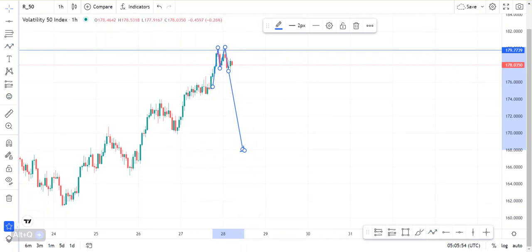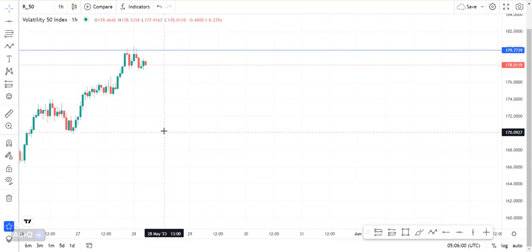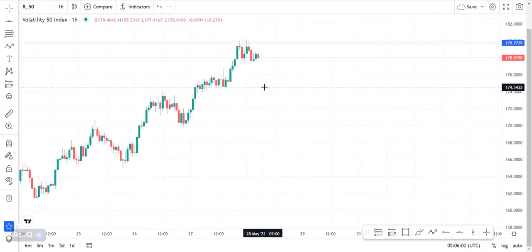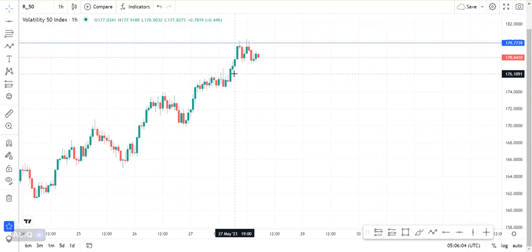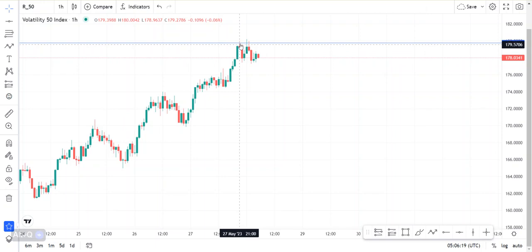So what we are looking at is that as this market is approaching here at this candle, there are several things we can do, since we know that the market has approached a previous point of interest. It has approached our point of interest.